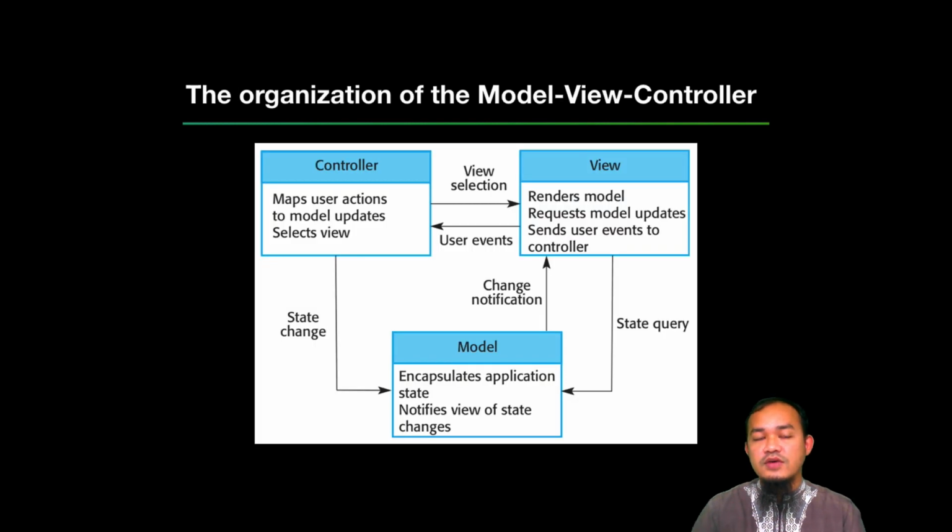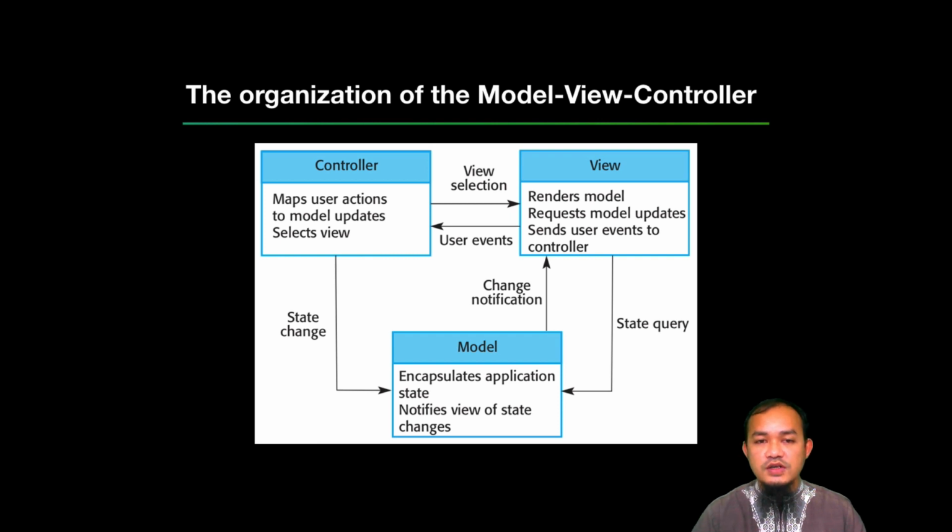As you can see here, this is the organization of the MVC pattern. We have the view, the controller, and the model. The view is used to render the model, request model updates, and send user events to the controller. The controller is used to map user actions.